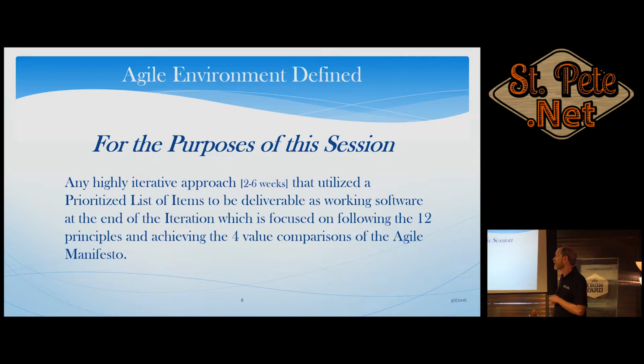So what I'm going to do is make a definition just for this session. I'm not arguing that this should be a universal definition, but we have to resolve those two completely distinct definitions. Any highly iterative approach, 2 to 6 weeks, that utilizes a prioritized list of items to be delivered as working software at the end of the iteration, which is focused on following the 12 principles and achieving the 4 values. So I've sort of merged the two together.